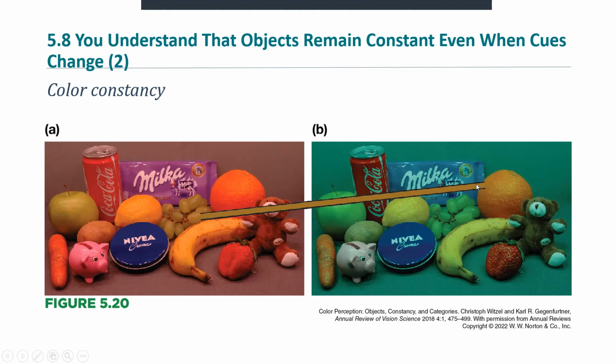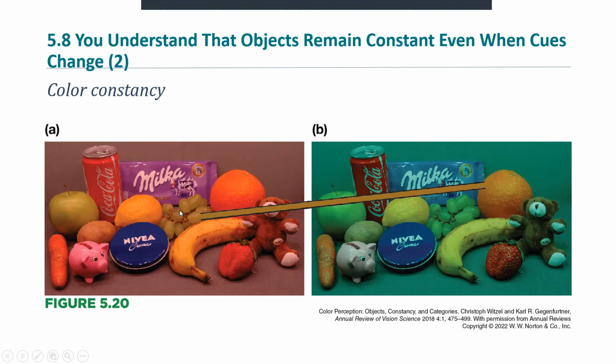They've drawn this bar here, which is a constant color, to show you that it matches the grapes over here and it matches the orange over here. Even when you look along this bar, it seems like the color changes as you move from one picture to another. On the right, it looks more orange. On the left, it looks more green. But that's just a trick because of the different lighting conditions. You're actually sensing different colors than what you're perceiving.